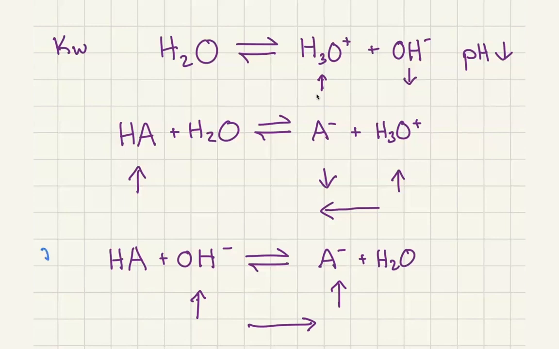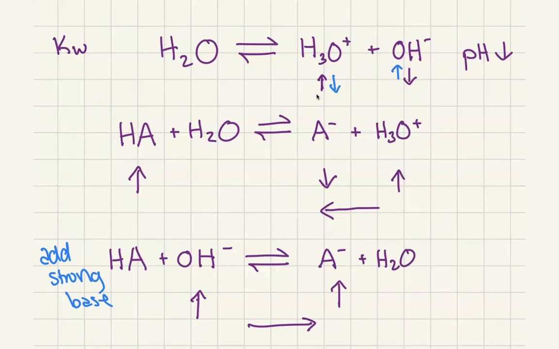So if you add strong base, you're going to get a decrease in your proton concentration and an increase in your OH minus concentration, because these have to balance each other out to equal your Kw.